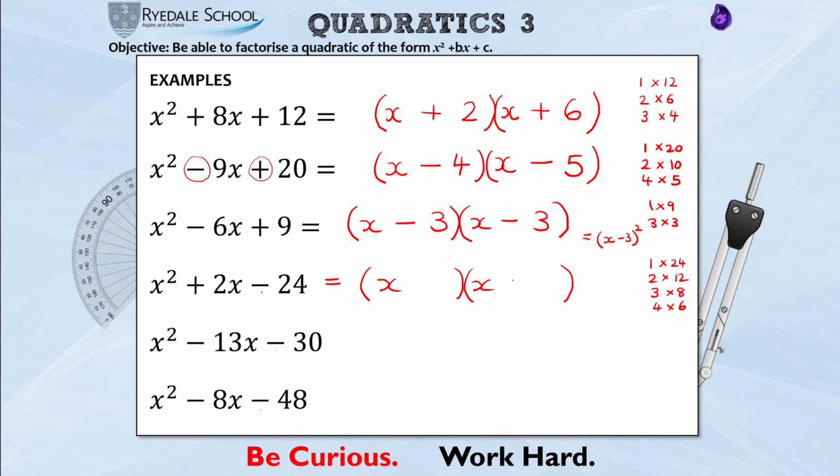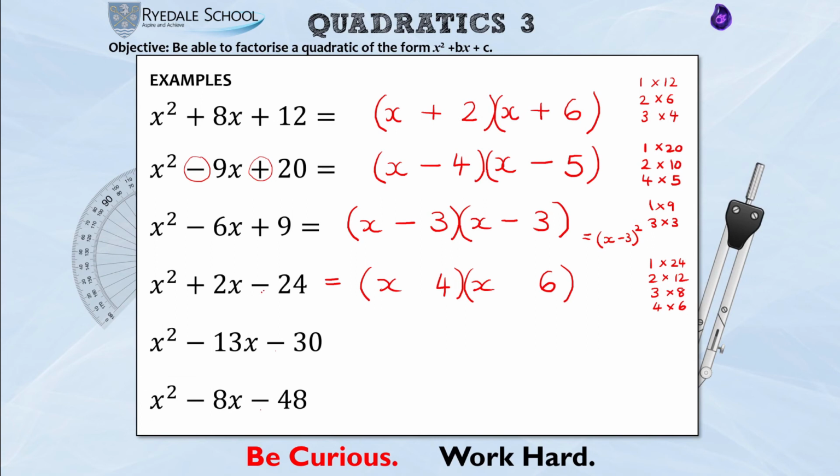Which of those numbers combine somehow to make 2? Well, this is where we need to remember that if the signs are different, they will combine by subtracting. And 4 and 6 have a difference of 2, so it's going to be 4 and 6.